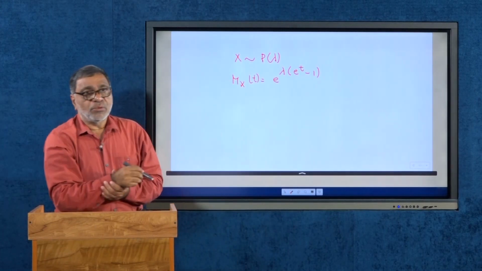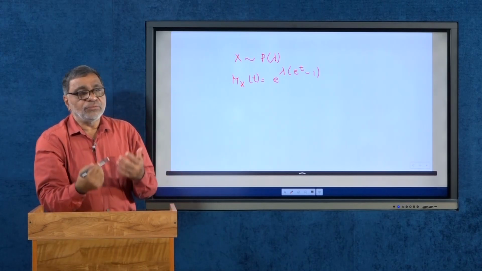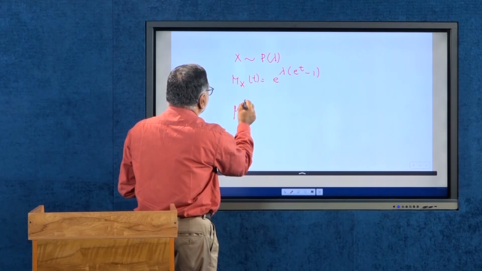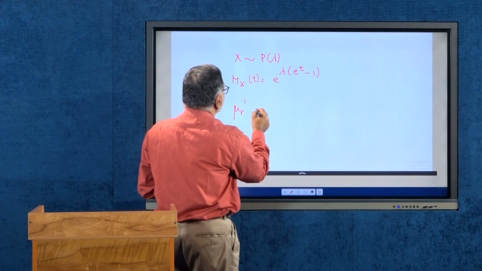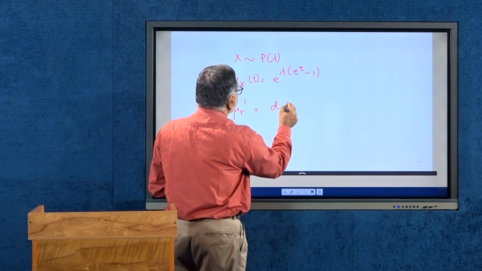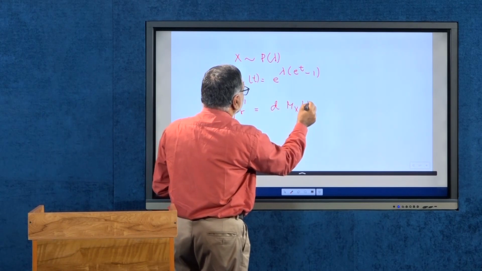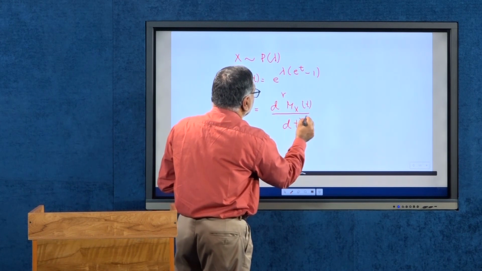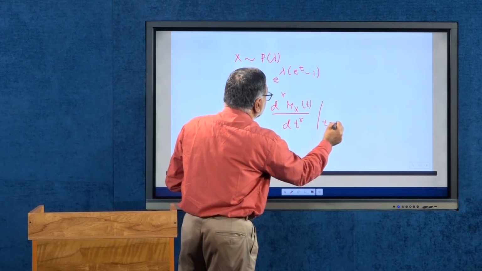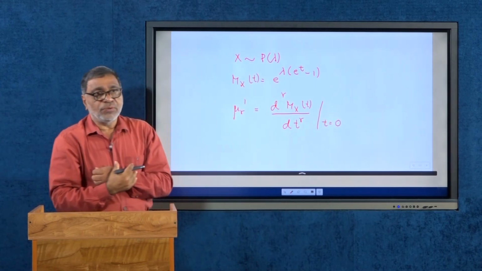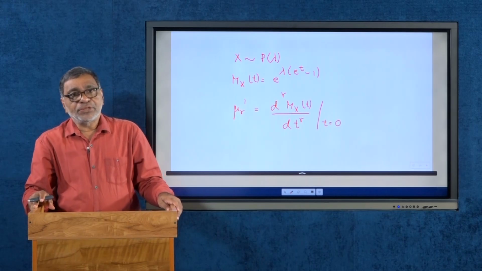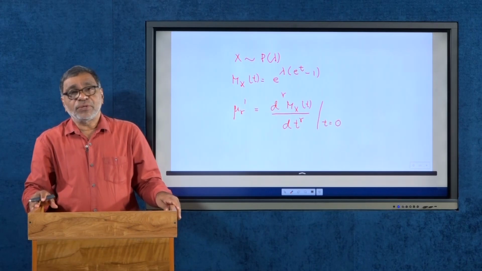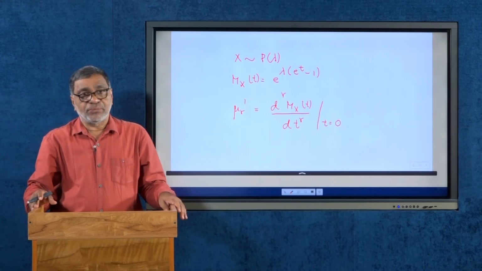This is our moment generating function, and how are we finding the rth arbitrary moment? You know, the rth arbitrary moment can be obtained using the moment generating function by differentiating the moment generating function r times with respect to t and putting t equal to 0.